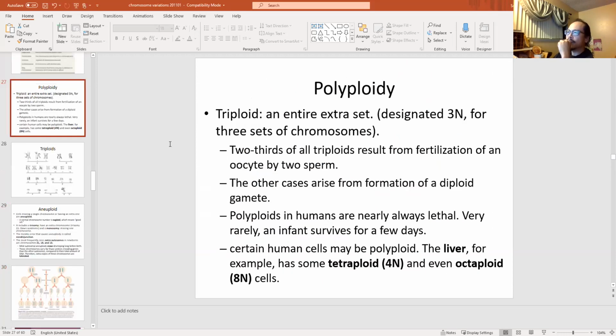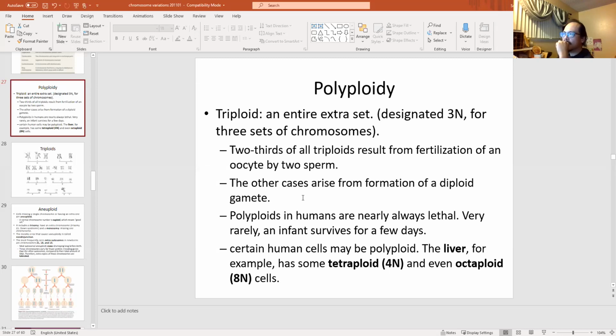So that's the polyploid. Triploid, like 3n, is caused by the fertilization of one egg by two sperm. That will cause the extra set, because it's supposed to be one egg and one sperm, but now you have two sperm.